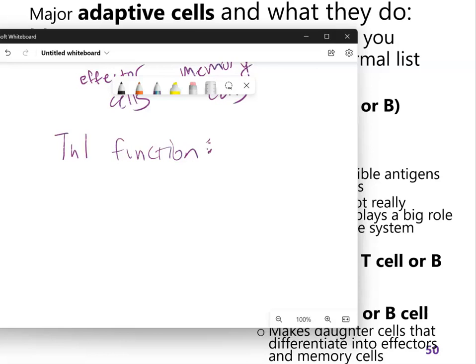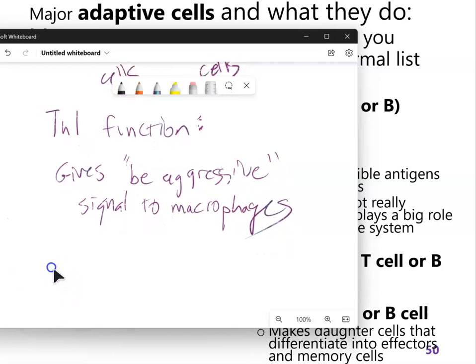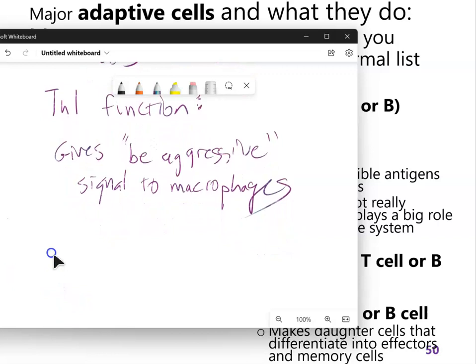But a TH1 function gives a be aggressive signal to macrophages. That's the informal way I'd write it on the board if I were doing this lecture face to face. So that's what helper T cell type 1, CD4 positive helper T cell type 1, that's what it does.